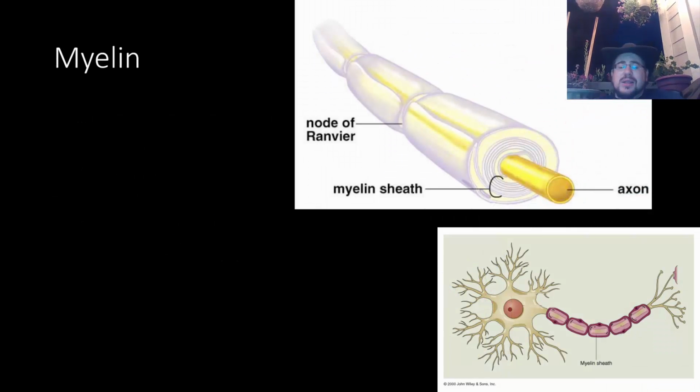So, let's talk a little bit about myelin. I remember I spoke about those little fatty sheaths that cover the axons of neurons. They have a really interesting specific function.